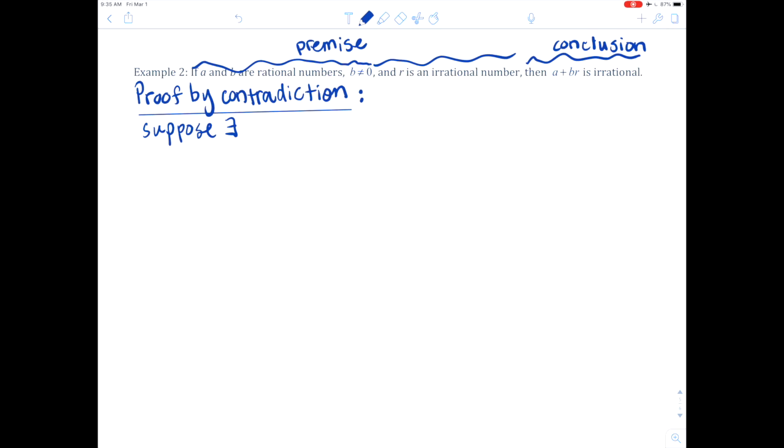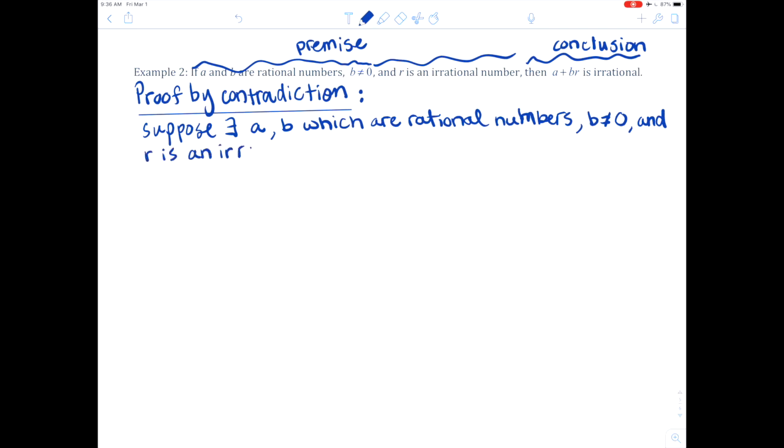So an A and B, which are rational numbers, B is non-zero, and R is an irrational number. Good so far?